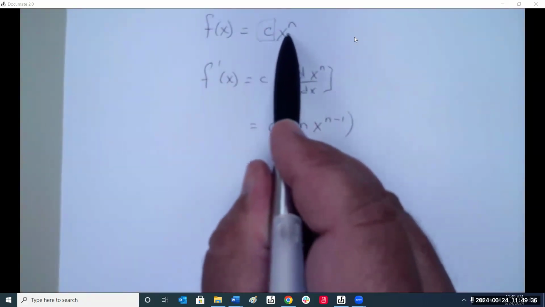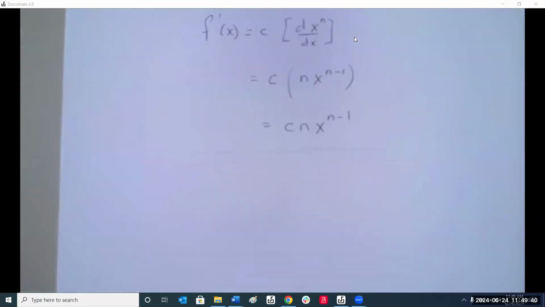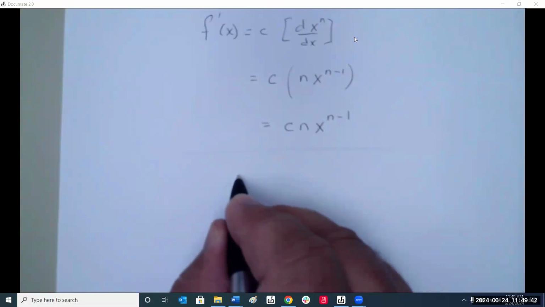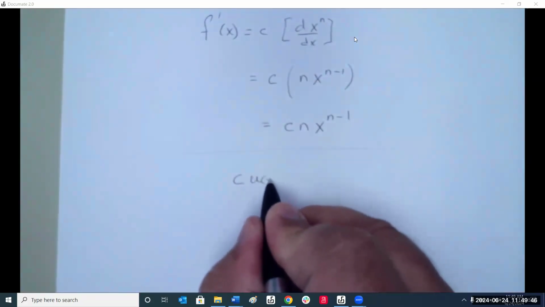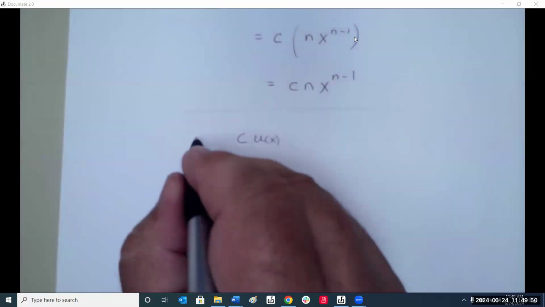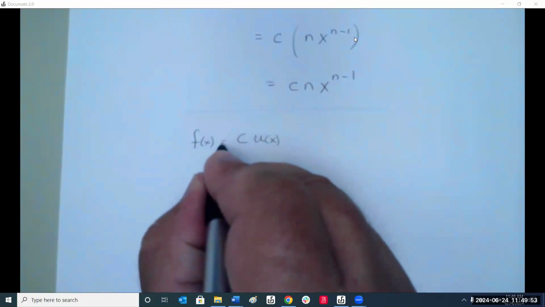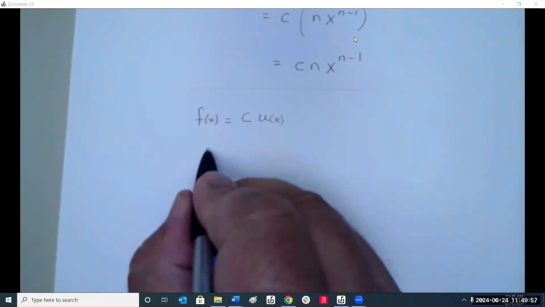What if it's an equation down there? What if instead of just c times x, it's a function of x? We have a constant in front of some function of x.